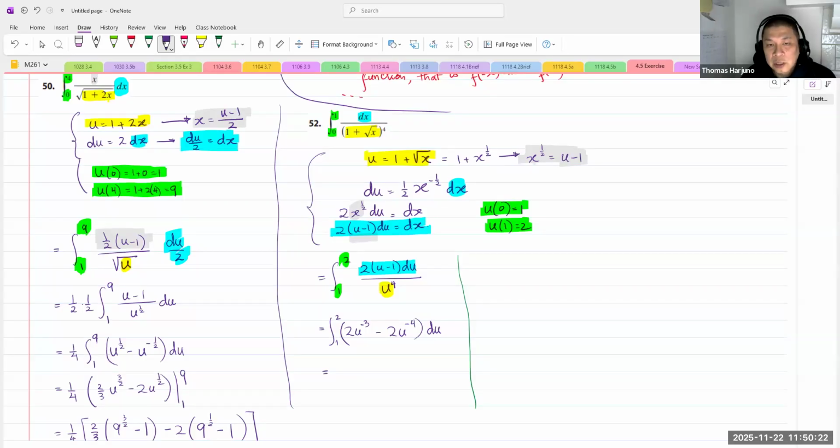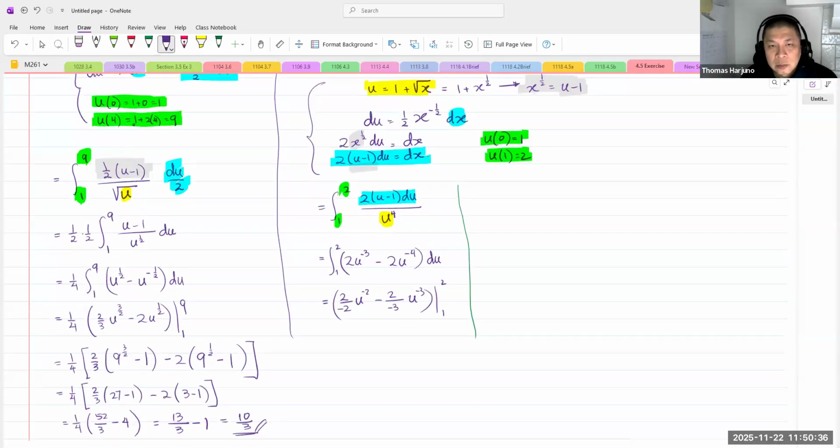So this is 2 over negative 2u to the negative 2, and then minus 2 over negative 3u to the negative 3, from 1 to 2 like that. So this is negative 1 over u squared plus 2 over 3u cubed from 1 to 2. Yeah, you compute yourself, okay? I just leave it there.